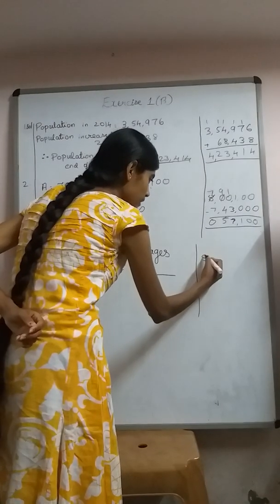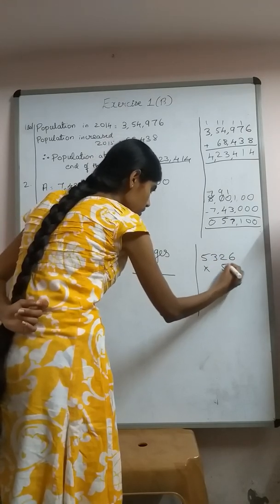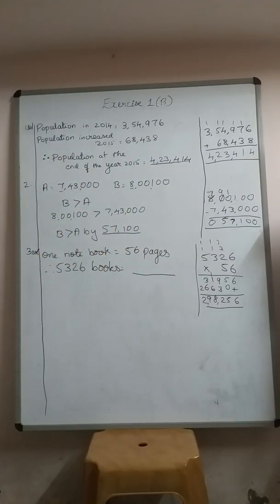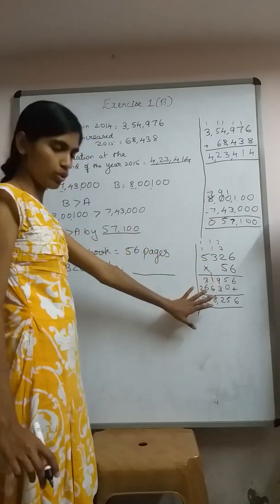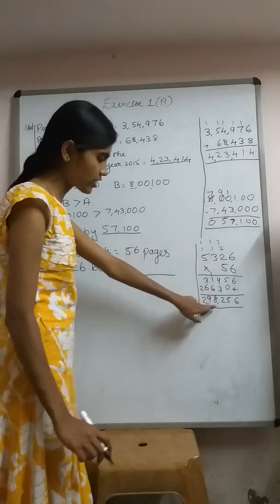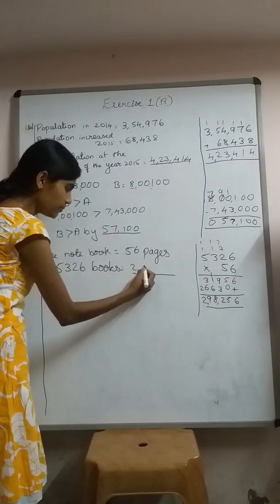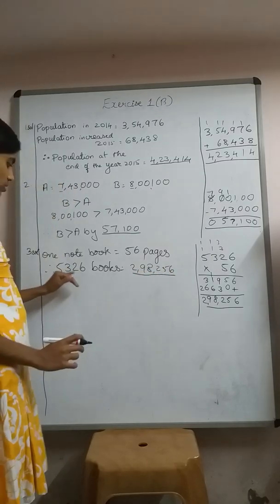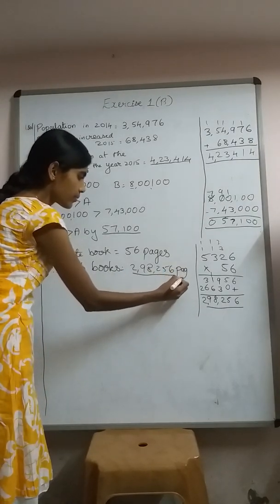So let us multiply 5,326 multiplied by 56. You know the multiplication method. Then we have 2,98,256 as our answer. So let us write here, and we will understand now 5,326 books will have this many pages.